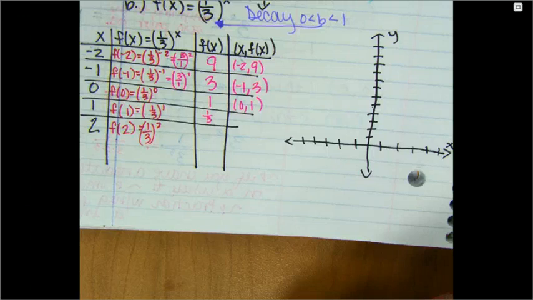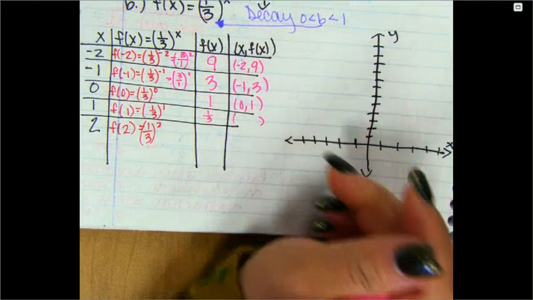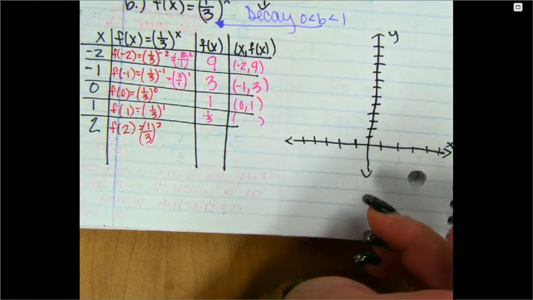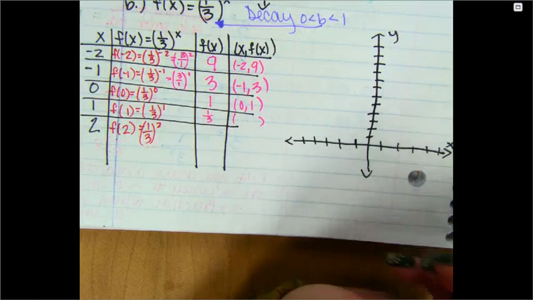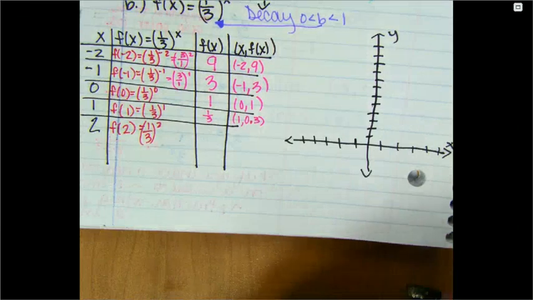You plug it in the calculator as 1 over 3. You should know that decimal: 0.3333, it's repeating.